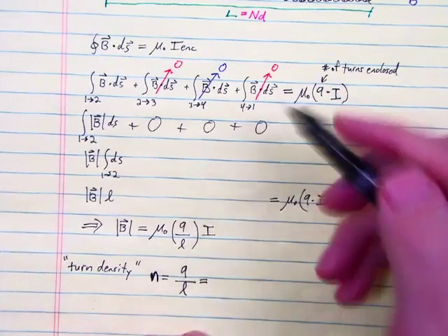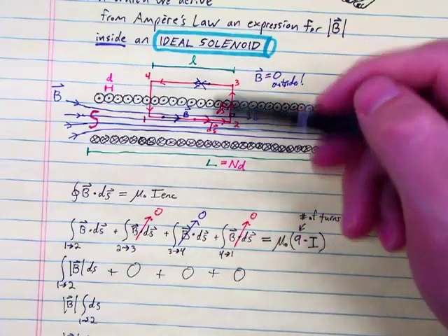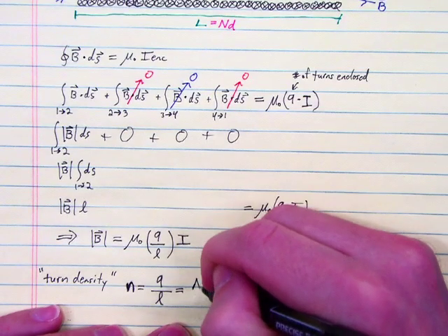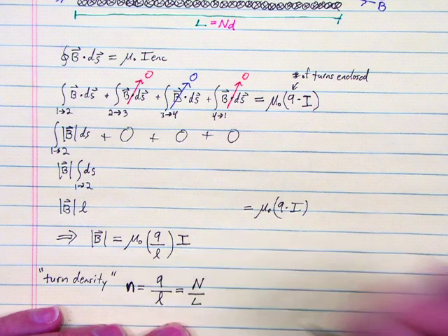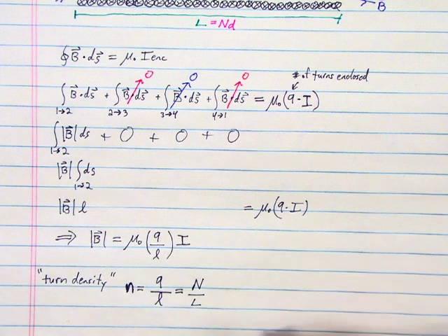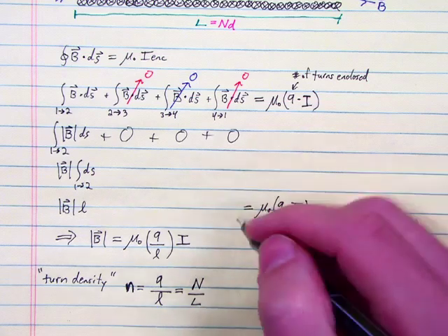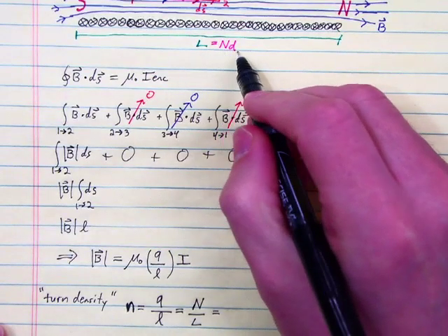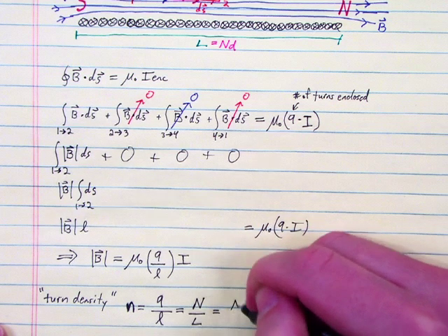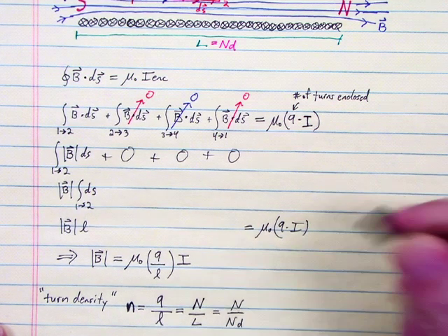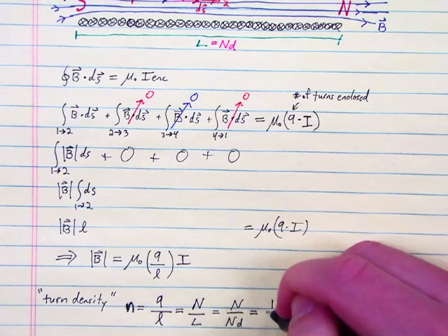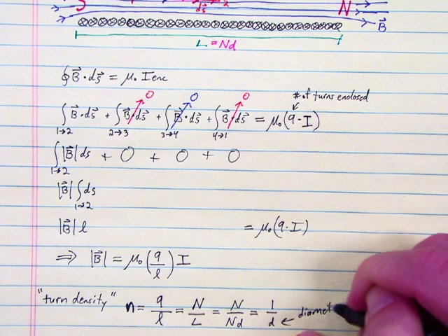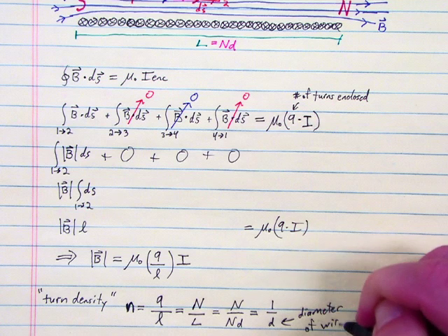And if the coil has a uniform spacing of turns all the way through, then that could be represented as the total number of turns, capital N, divided by the total length of our coil. That can be expressed one more way. If the length of the coil is the number of turns times the diameter of the wire, then this is N over N times d. So our turn density is also equal to the reciprocal of the diameter of our wire.